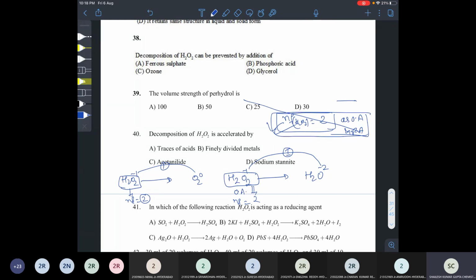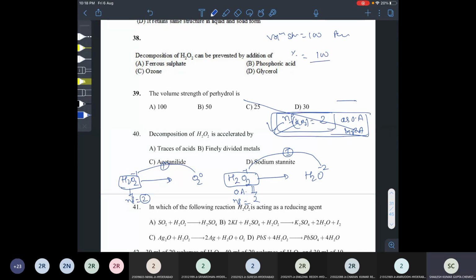So 30% weight by volume. The volume strength will be 100. So volume strength 100, then it is perhydrol. So percentage wise, if you want to calculate, it will be 100.